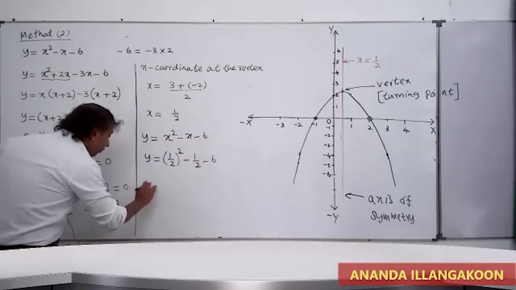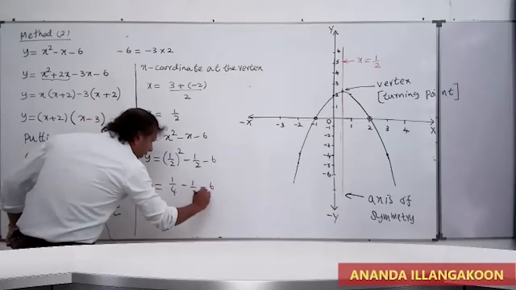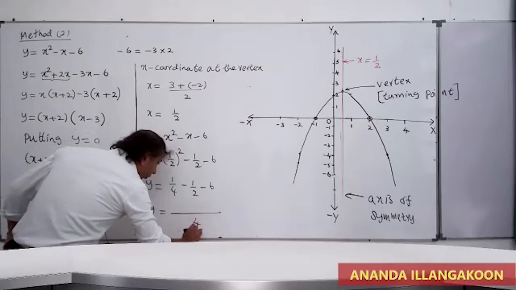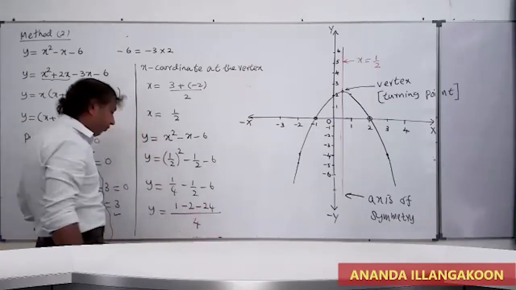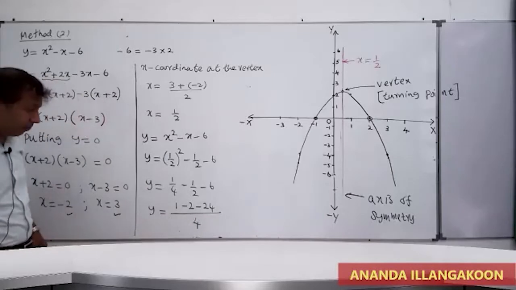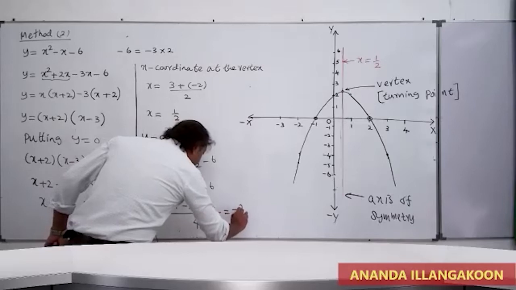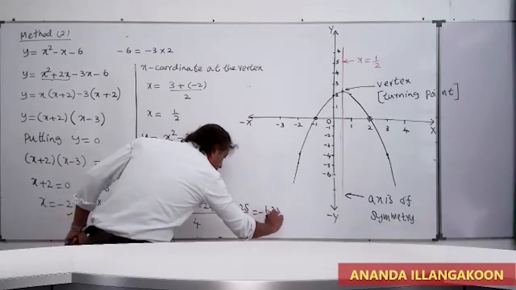Then y equals 1 by 4 minus half minus 6. Here 1 minus 2 minus 24 over 4. What is that, people? Minus 25 by 4, minus 6.25.